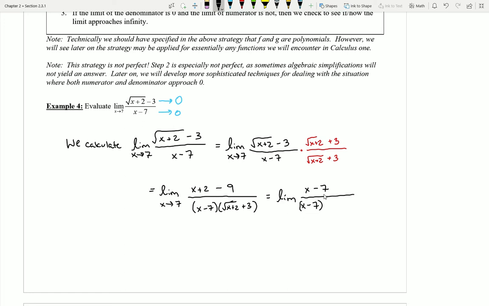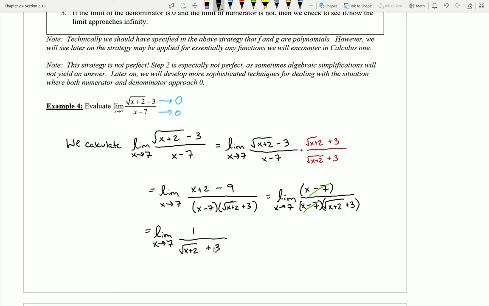And so very conveniently, we're going to be able to cancel out that common factor from the top and the bottom of this fraction. Okay, so if I cancel that out, I'm just going to be left with the limit as x approaches 7 of 1 on top, and in the denominator I just have the square root of x plus 2 and then a plus 3.